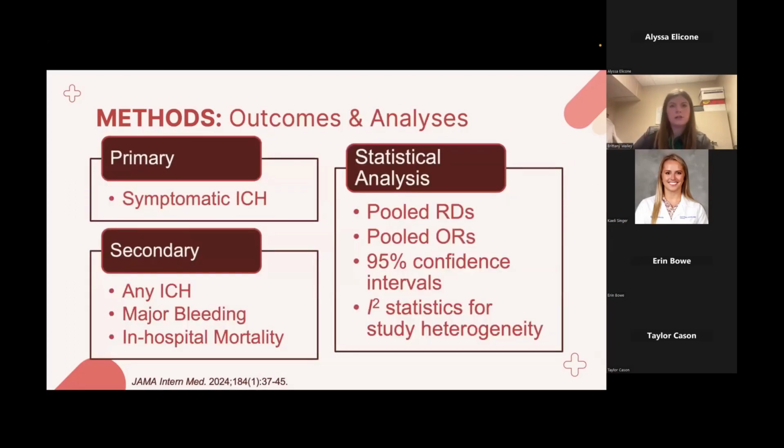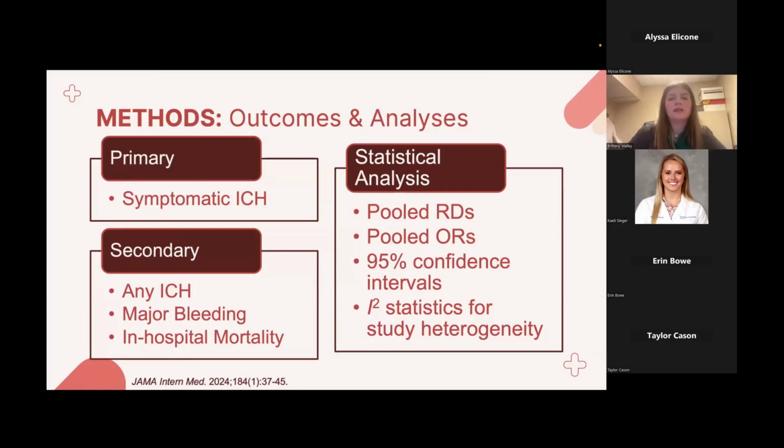Similar to the retrospective cohort study, the goal was to evaluate the rate of intracranial hemorrhage, major bleeding, and mortality. However, in the meta-analysis, the investigators specifically looked at symptomatic intracranial hemorrhage as the primary objective, and then any intracranial hemorrhage in general as one of the secondary outcomes, which are also consistent with the previous meta-analysis that I highlighted.